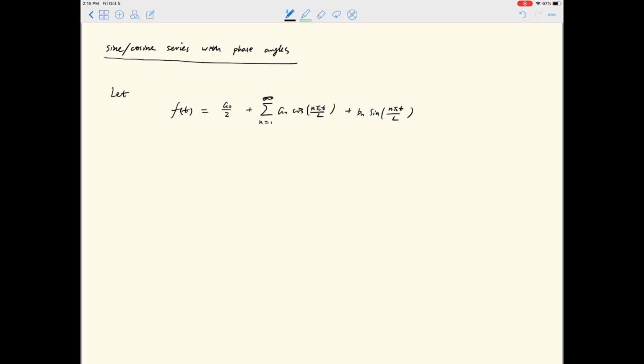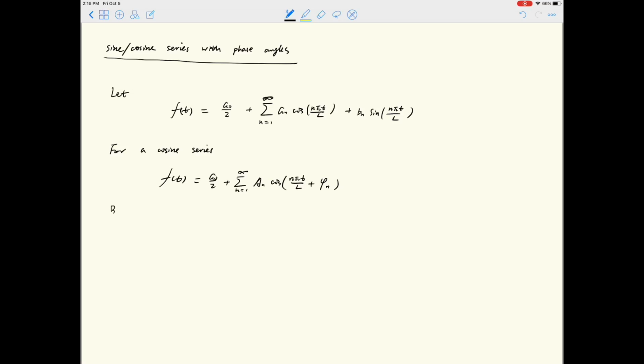Right? So for cosine series, we want to write the function in this form. An cosine n pi t over L plus an angle phi n. Right? We don't know whether it's possible or not, but let's see.